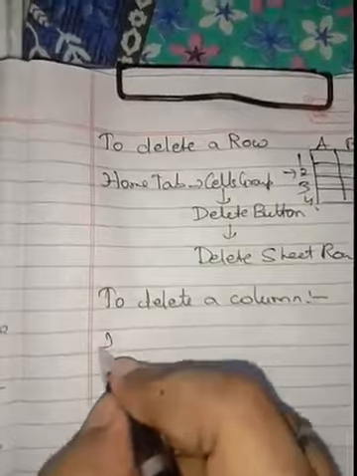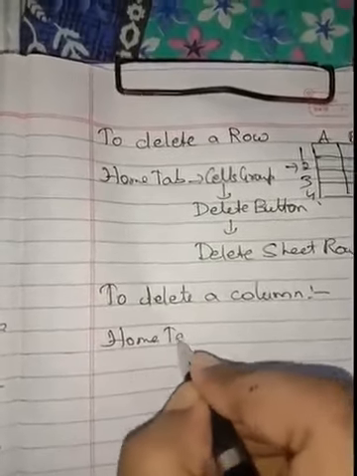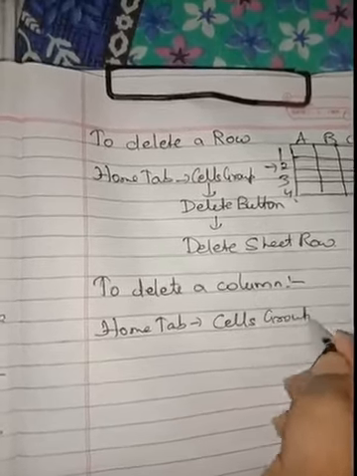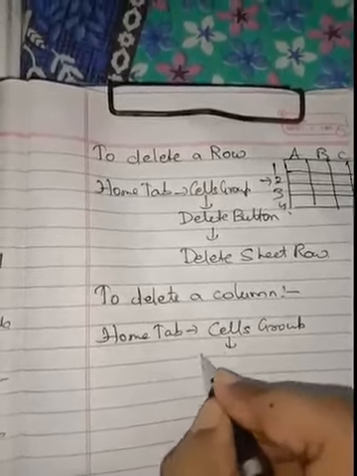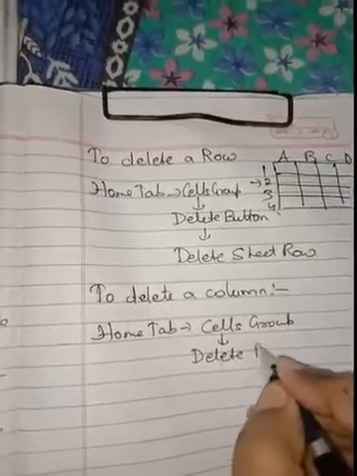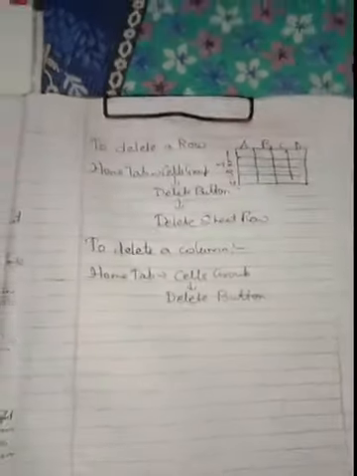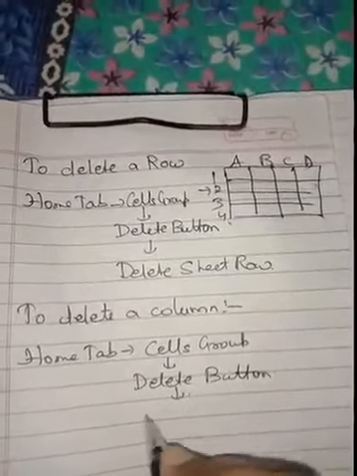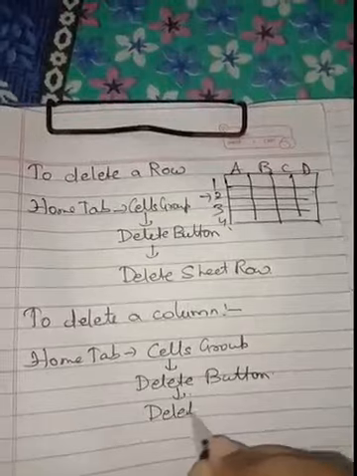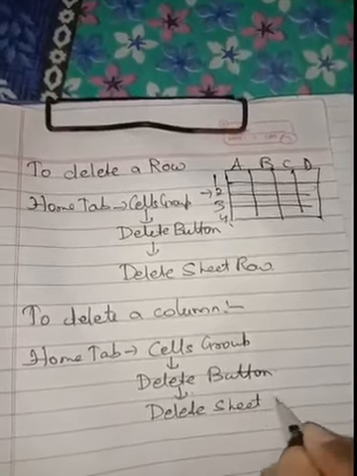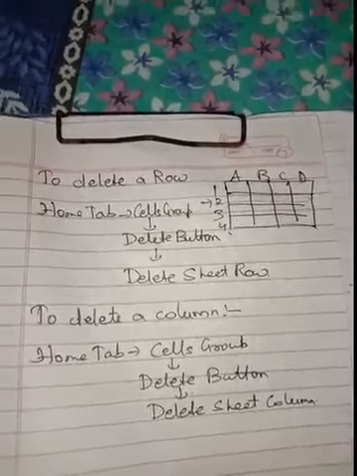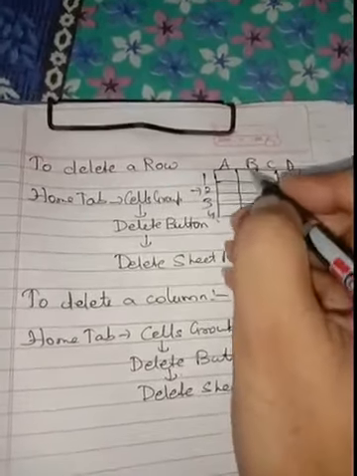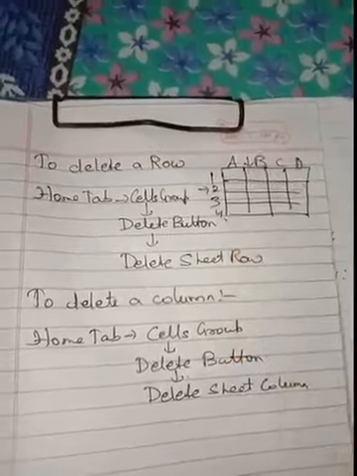Again, move to the Home tab, from the Home tab to the Cells group, from the Cells group to the Delete button, and from the Delete button to Delete Sheet Columns. Then we will find that the entire column that we have selected will get deleted.